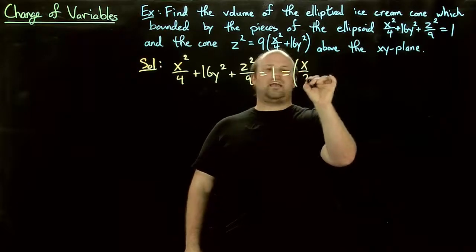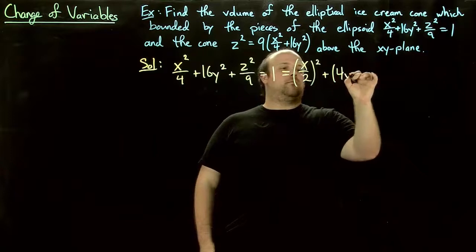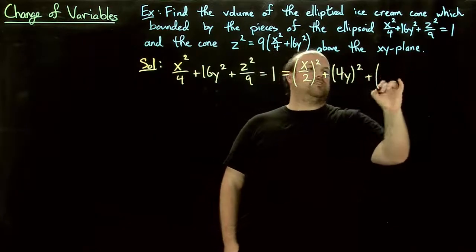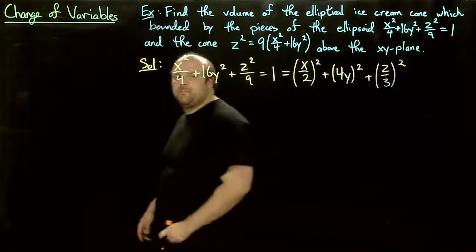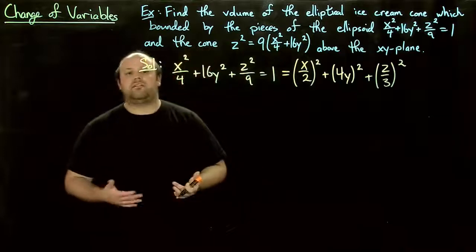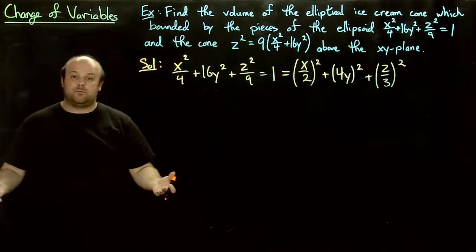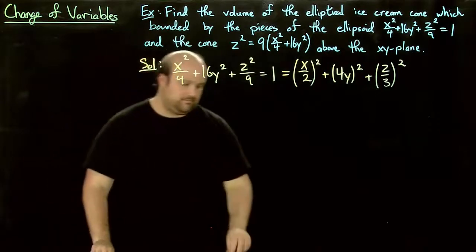This is really (x over 2) squared plus (4y) squared plus (z over 3) squared. If somehow this over 2, this 4, and this over 3 weren't there, it would look just like a sphere of radius 1. Well, here's where change of variables comes in.